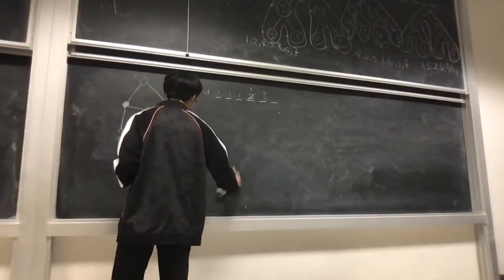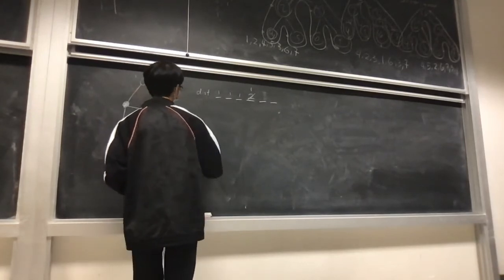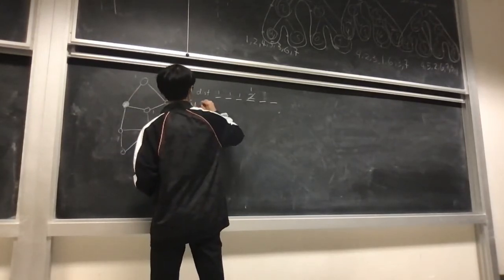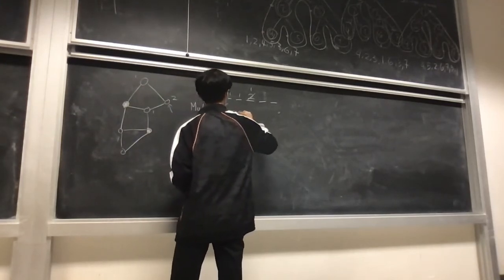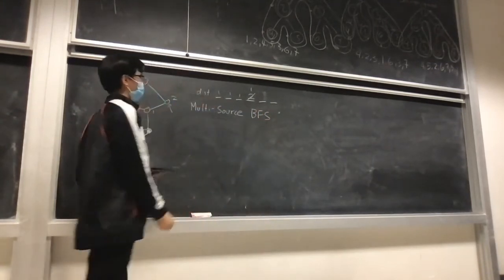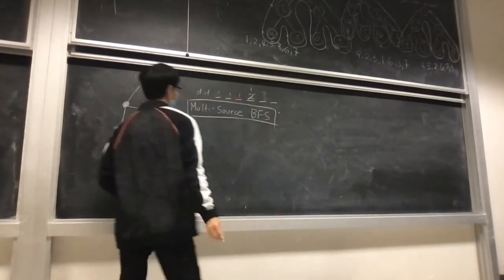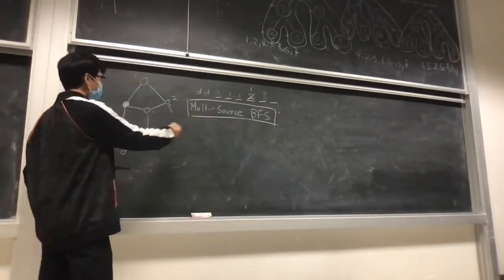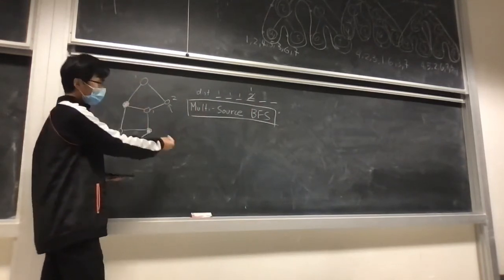What we can do here is what we call a multi-source BFS. Here you can see that the sources are the red nodes, and we want to BFS from every single one of them.